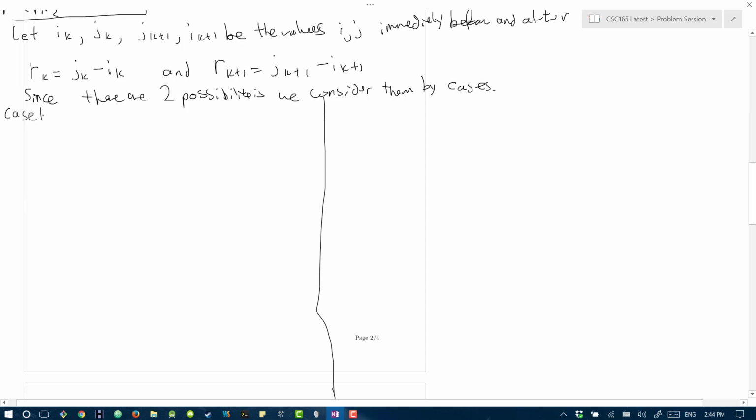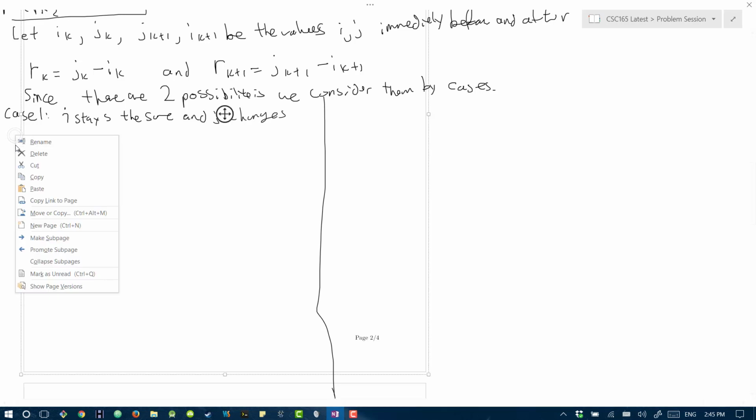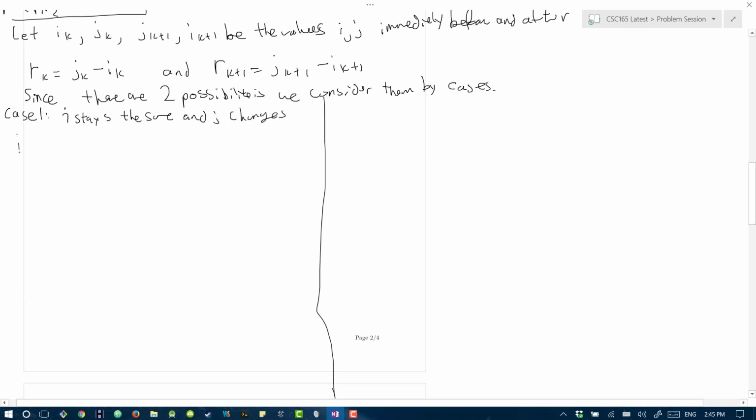Case 1. Now, case 1, we assume that i stays the same and j changes. Alright, so if i stays the same, that means that i_{k+1} equals i_k. But j_{k+1} equals, and then we consider what exactly the code does.